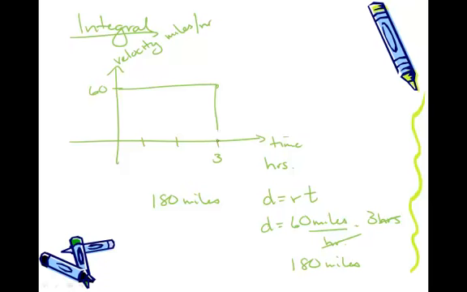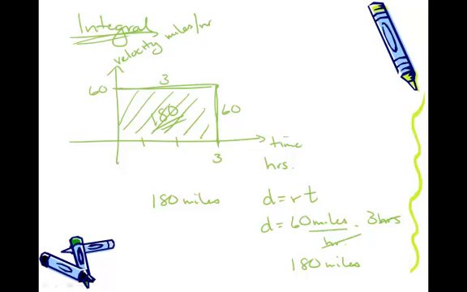So the integral of the graph is actually the area under the curve. When we have a straight line, you can see that this is the area of a rectangle, or 3 times 60, and the integral is 180.